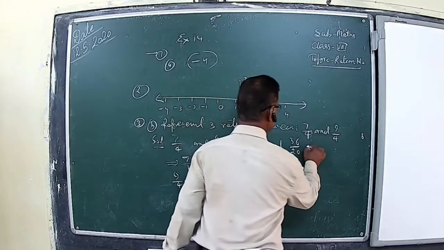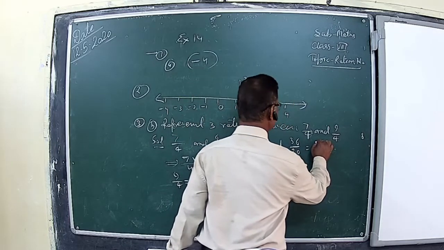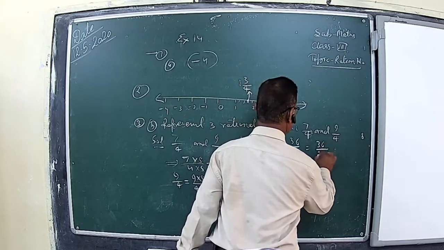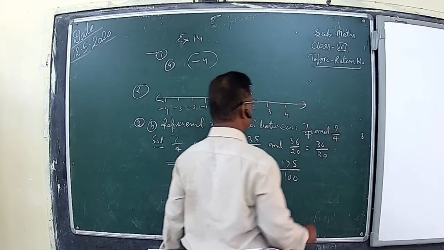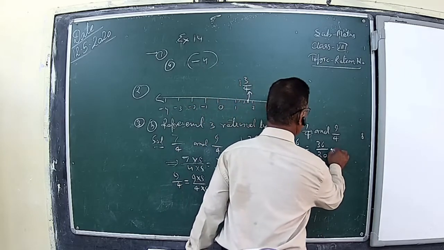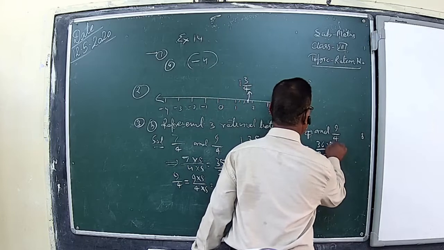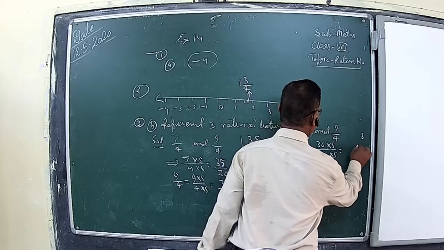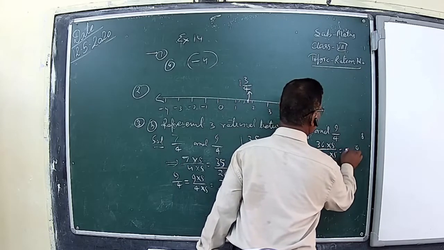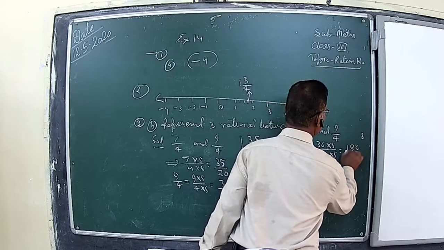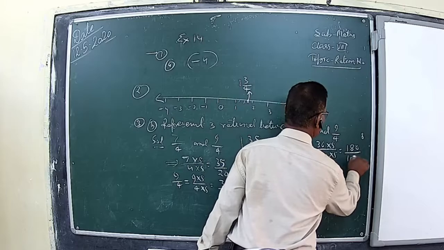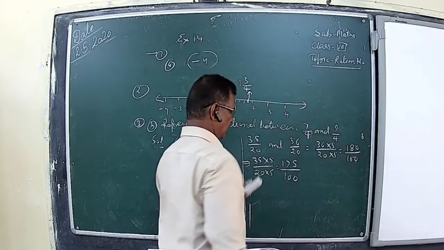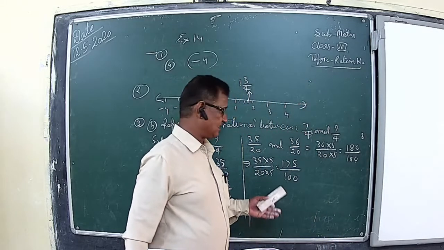This also changes: 36 by 20 is equal to, multiply by 5 with numerator and denominator, 36 into 5 is 180, so 180 by 100.